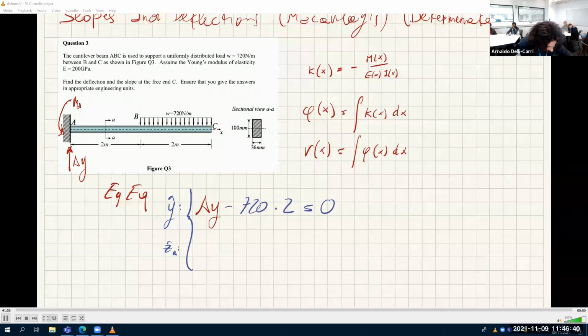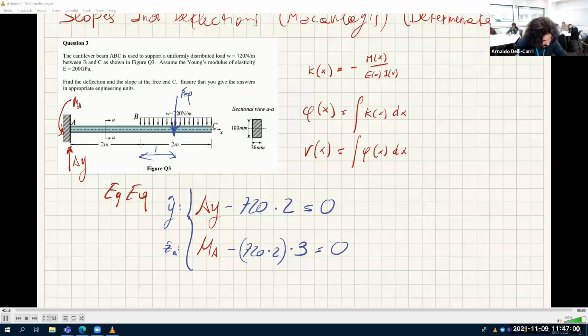And MA minus 720 times 2 applied here in the middle, so this is 3 meters away from A, equals 0. Also very easy. This is the equivalent force, which is 720 times 2.